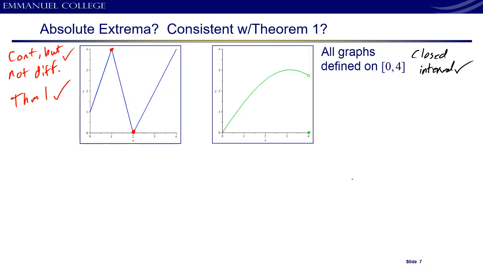Let's take a look at this one. All right. I do have an absolute minimum down here, and it looks like I've got an absolute maximum about there. But it's not consistent.